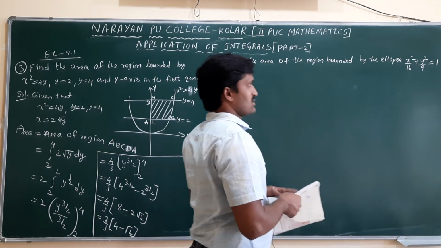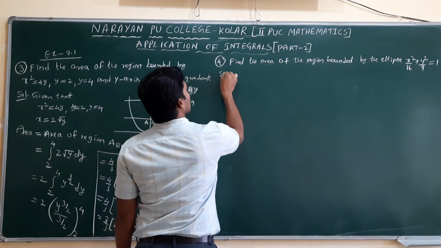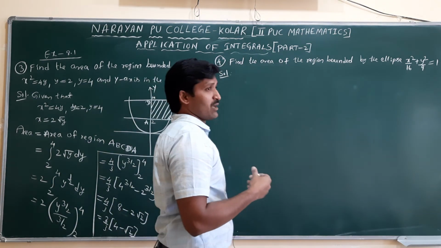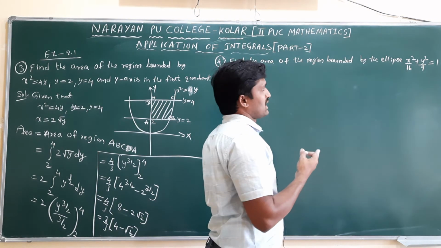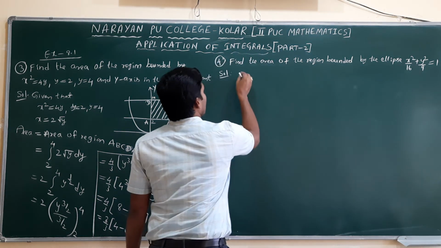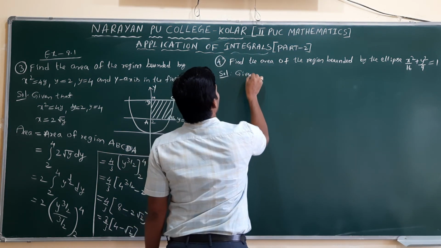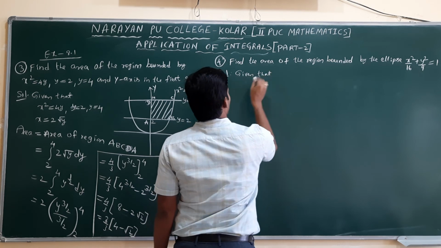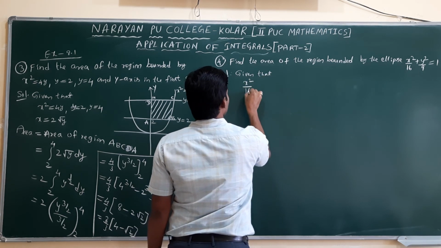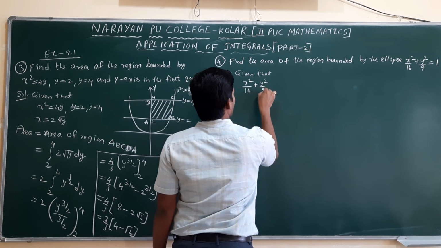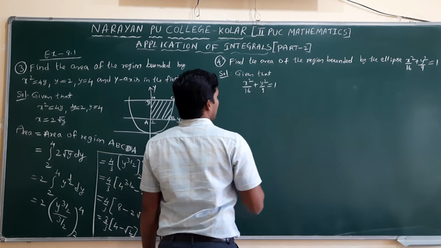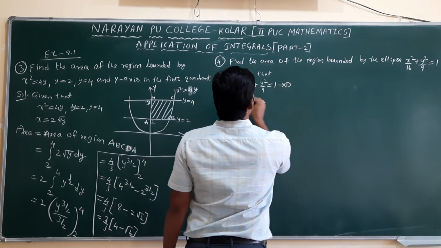This is clearly an ellipse in standard form. Already we have done with a and b, a square, b square, like that they give the numbers. What is the given ellipse? Limits are not given. We need to find x square by 16 plus y square by 9 equal to 1. This is equation number 1. By comparing, what?